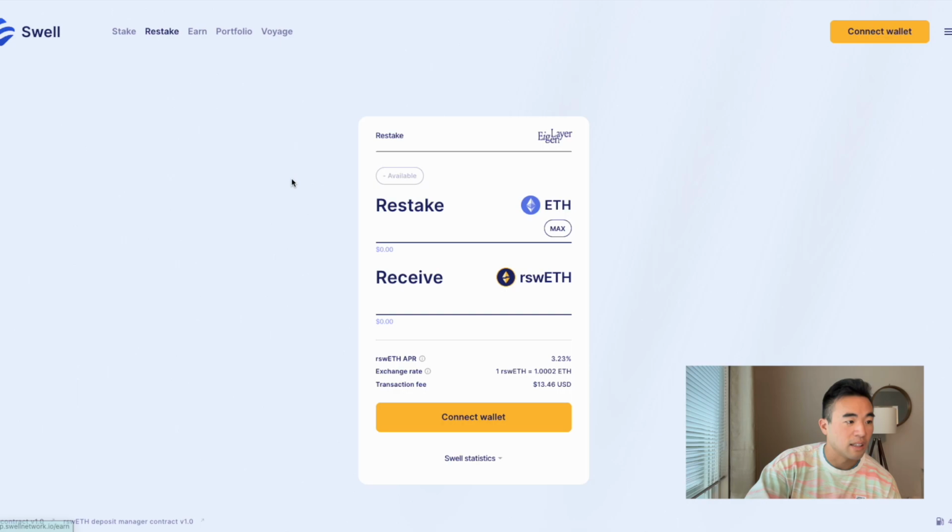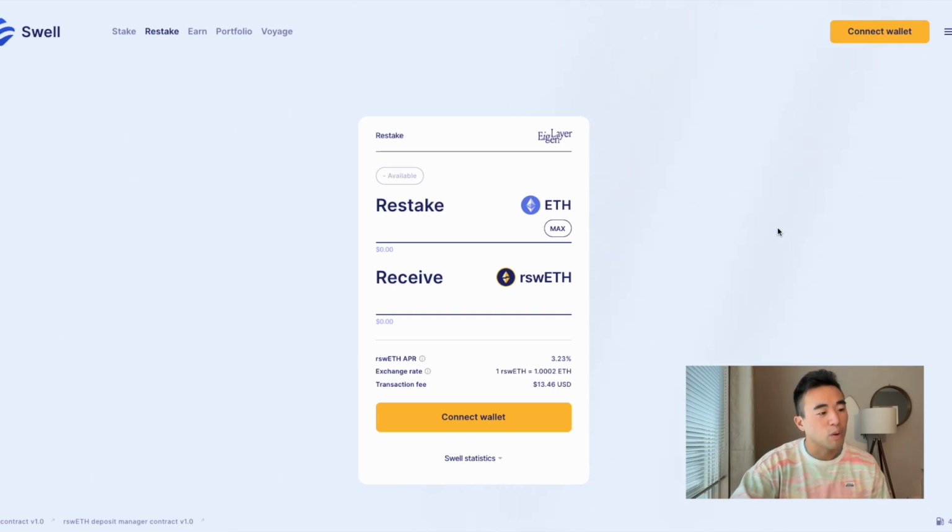Here's where we're interested, your restaking, which allows you to deposit ETH and put in RSWETH. Now, this is interesting because Swell has its own liquid staking token, it only supports ETH. And that's different from some of the other providers we'll cover today.